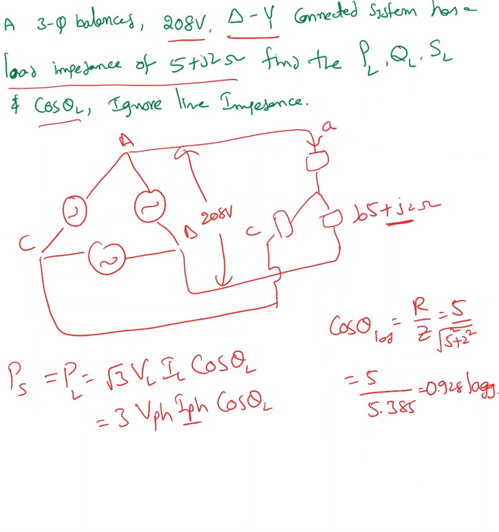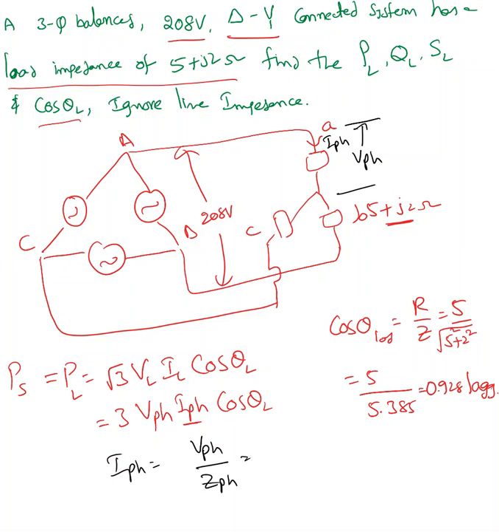Now we'll find IPH. What is the current passing through the load? Whenever we are finding IPH, make sure we use the phase values. So IPH is nothing but the phase voltage divided by the phase impedance.